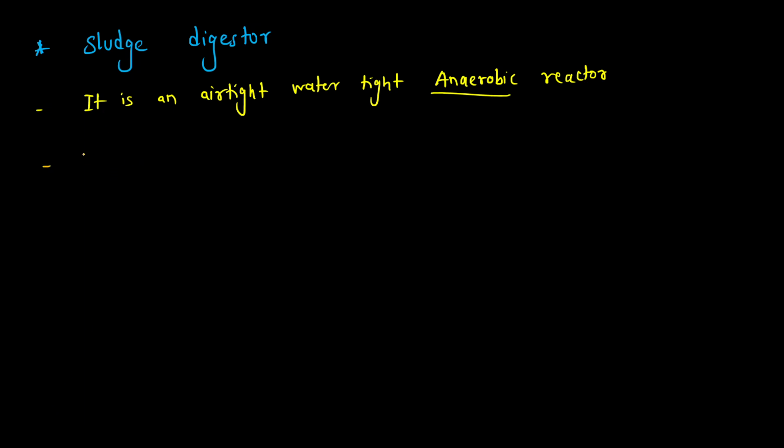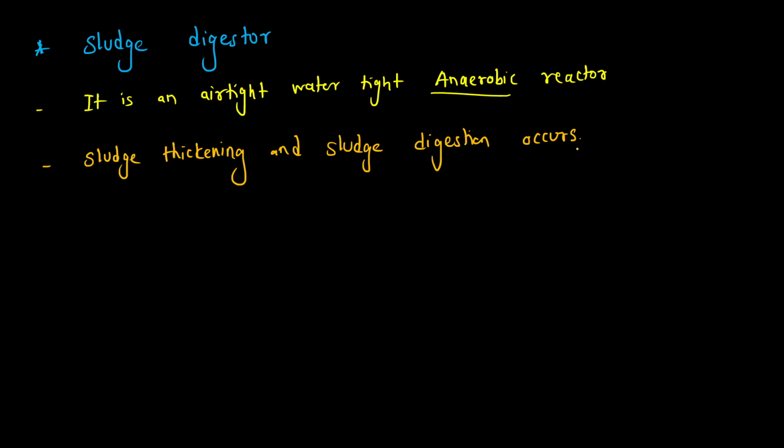In this, sludge thickening and sludge digestion occur. Sludge thickening and sludge digestion occur in the sludge digester. So quickly we'll draw a small diagram of the sludge digester.